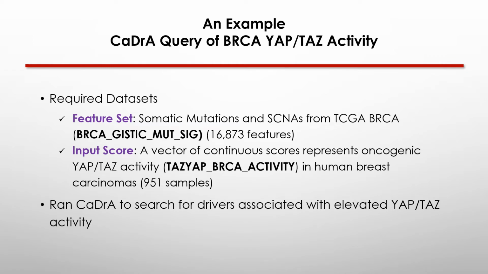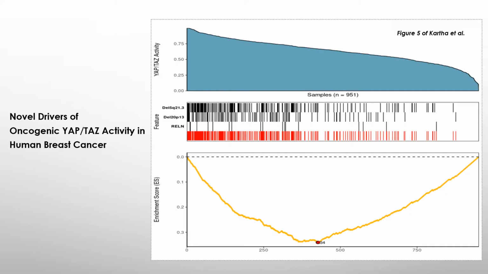And here we are asking the question: what is the combination of genetic features, such as mutation and copy number alteration, that best explains or predicts YAP/TAZ activity? The results returned by the application of CaDrA are summarized in this plot, which is actually one of the package outputs. The top panel shows the input score sorted from largest to smallest, measuring the YAP/TAZ activity.